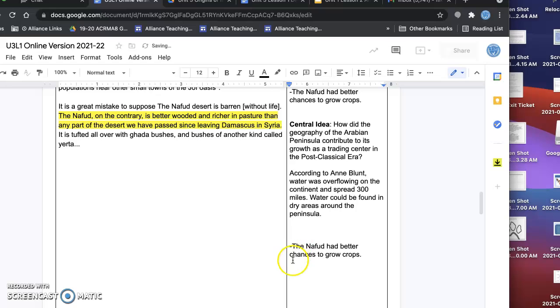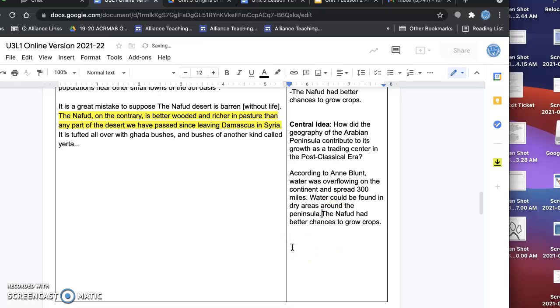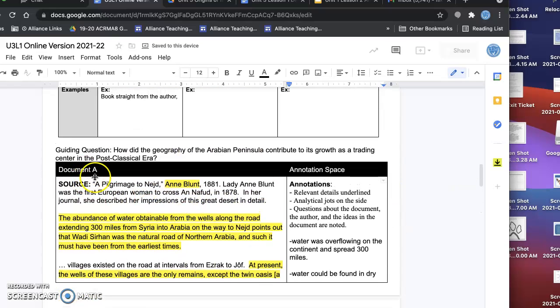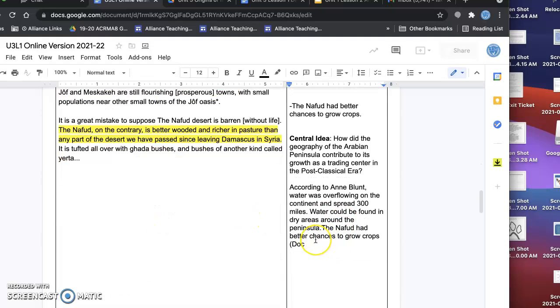Make sure that I have my capitalized words after each period. I'm going to bring this up here. Very good. And then I'm going to end it with the document sign, document A, because this is document A. Or you can write source A at the end, period.